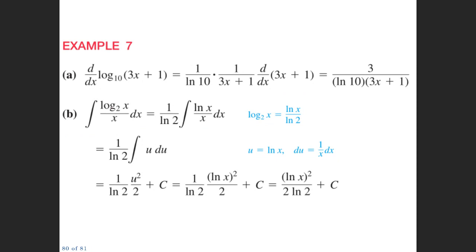If we do the substitution u equal to ln x, and I'll leave that for you to check, we just get 1 divided by ln 2, integral of u du, and that's then a very, very easy integral to calculate. I'll leave the rest for you to read.